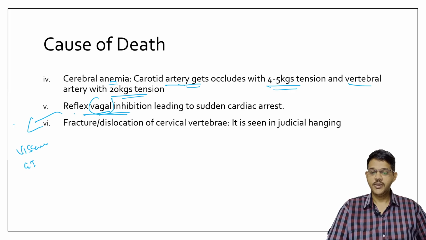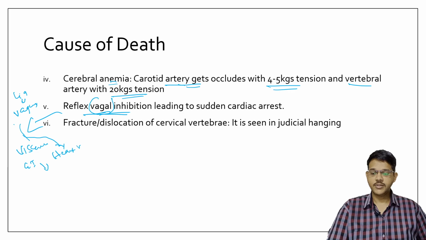Whenever this vagus nerve is stimulated, since it innervates the viscera as well as the heart, or if a ligature compresses the nerves, it may cause stimulation of the vagus nerve. So the vagus nerve can reflexly cause a decrease in heart rate, or sometimes can also stop the heart.